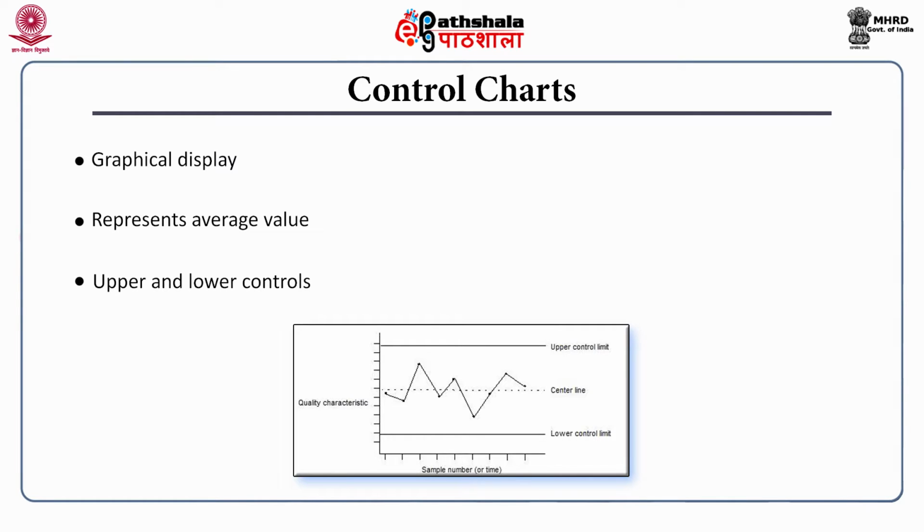Upper control limits and lower control limits are also plotted. Any values that are plotted outside these upper and lower limits need special attention in terms of identification of its cause.